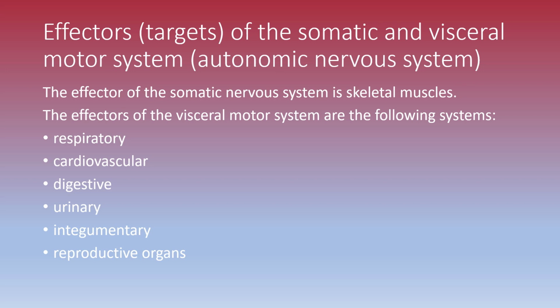Effector targets of the somatic and visceral motor system of the autonomic nervous system: the effector of the somatic nervous system is skeletal muscles. The effectors of the visceral motor system are the respiratory, cardiovascular, digestive, urinary, integumentary, and reproductive organs.